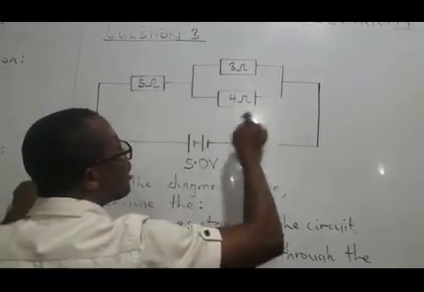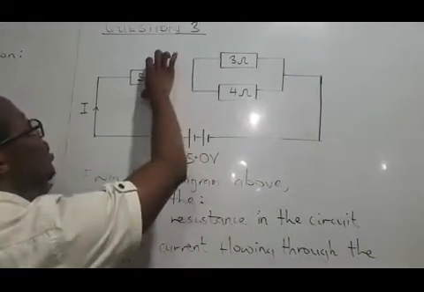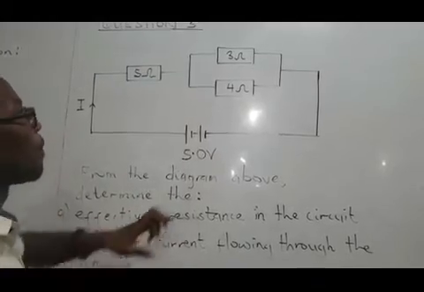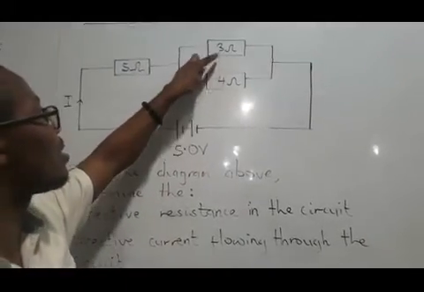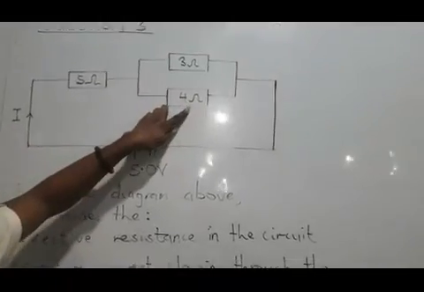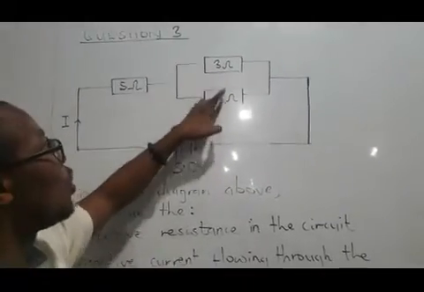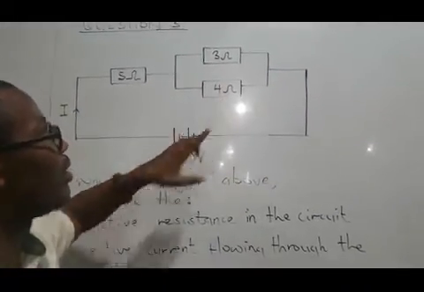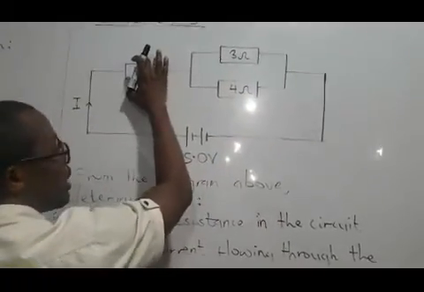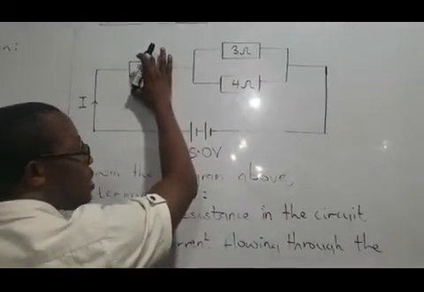But the combination of these 2 is in series with the 5 ohm resistor. Let me say that again. The resistors of resistance 3 ohms and 4 ohms are in a parallel connection. But the combination of these 2 is in series with the 5 ohm resistor.